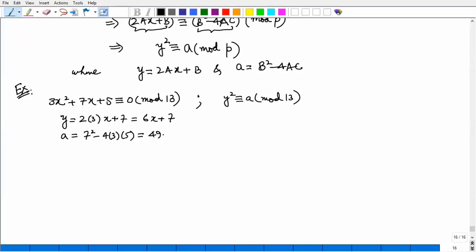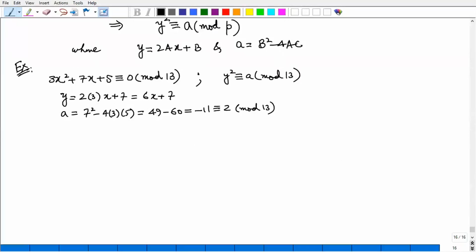So 49 minus 60 is minus 11. And minus 11 is congruent to 2 modulo 13, because we are working in modulo 13. So it is better to use 2 instead of minus 11, though you can use minus 11 as well.